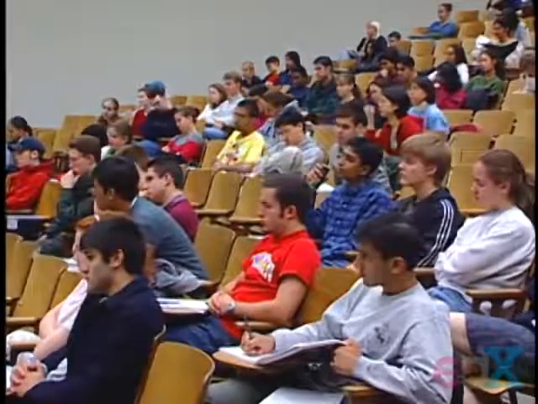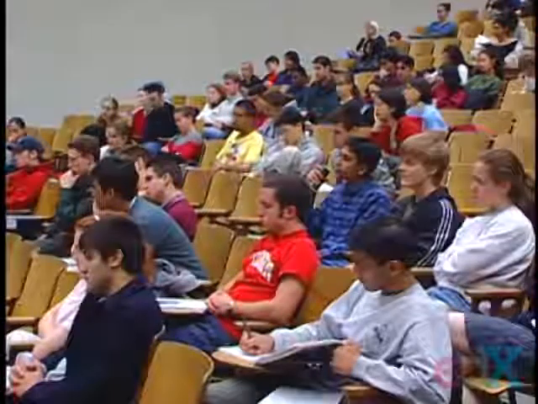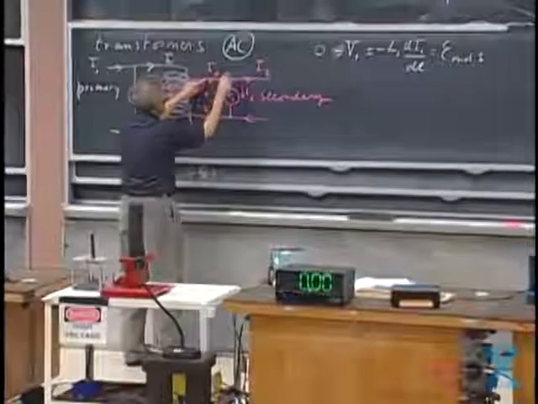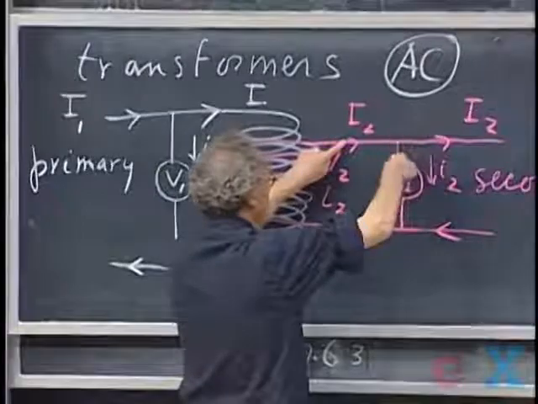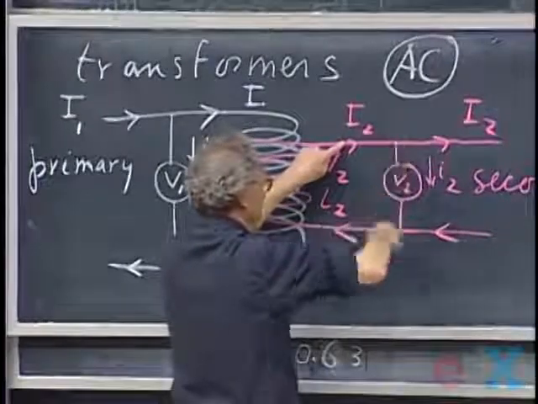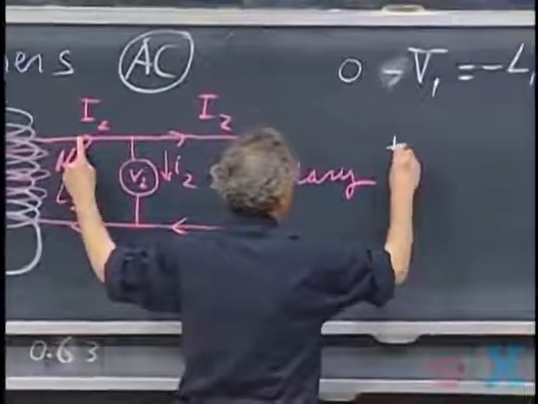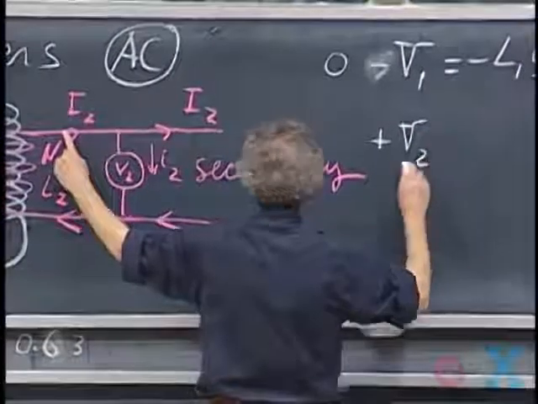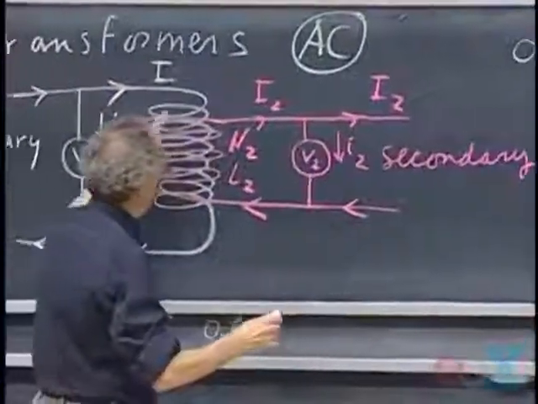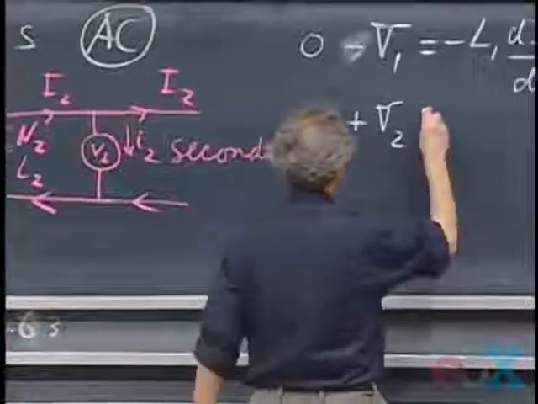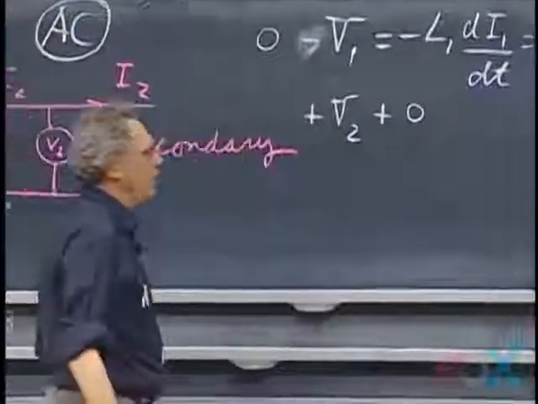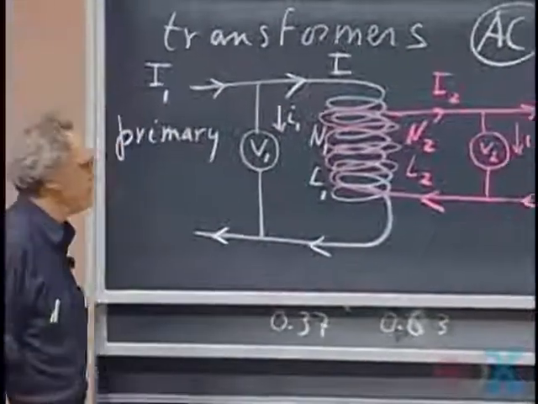And now I do the same on the secondary side. I start here. The current I2 is in the same direction as the direction that I move, so I have plus V2. Then I go through the self-inductor. There's no electric field in the self-inductor, because there's no electric field in a wire that has no resistance.